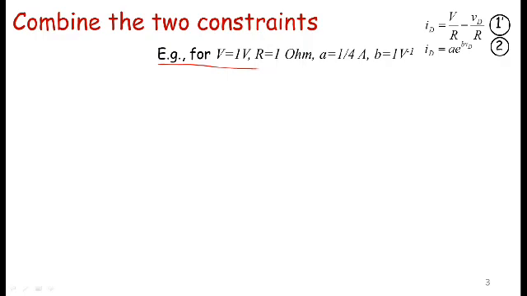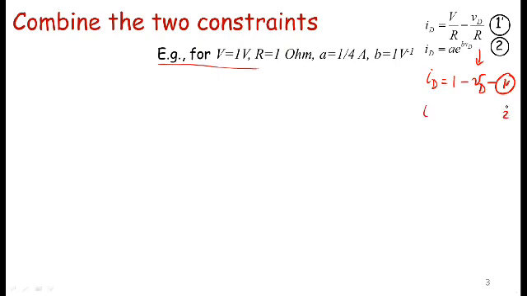Next, I'll substitute these parameters into the two equations, 1 prime and 2. For 1 prime, since V is 1 and R is 1, I get ID equals V divided by R, which is 1, and then since R is 1, minus VD. So this is 1 prime once I've substituted the values.